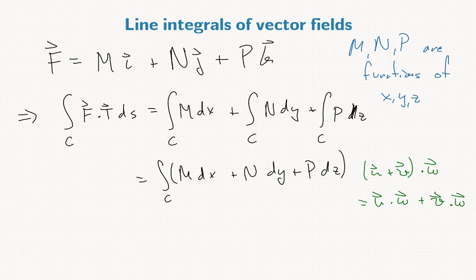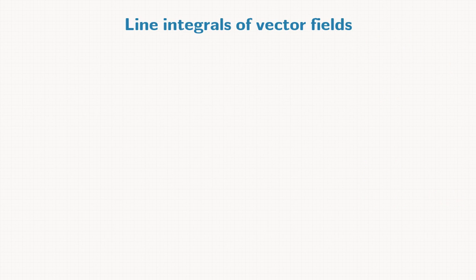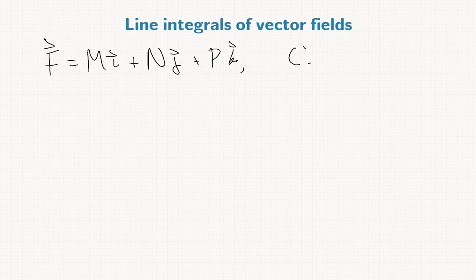All right, so let me summarize. We've seen a whole bunch of different ways to say the same thing. So let F be M i plus N j plus P k, C parameterized by r of t for t between a and b.